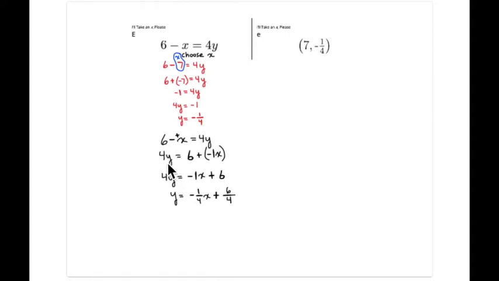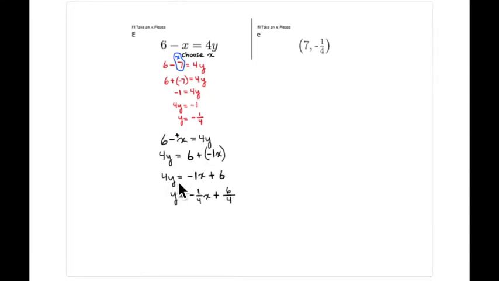I'm going to put the 4y on this side and the 6 minus a positive x on this side, but I'm also at the same time going to change this to addition. So it's 6 plus a negative x. So 6 plus a negative x is the opposite of whatever this value of x is. So it's a negative 1 times x. A lot going on here, so you just have to get used to making those steps. You might write those out step by step to take a look at what's going on.